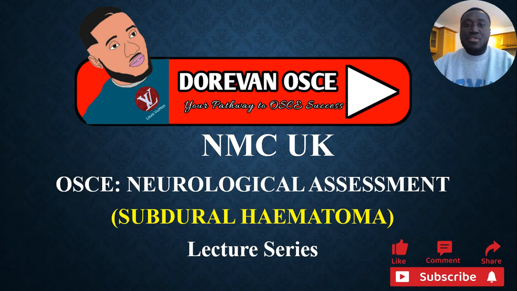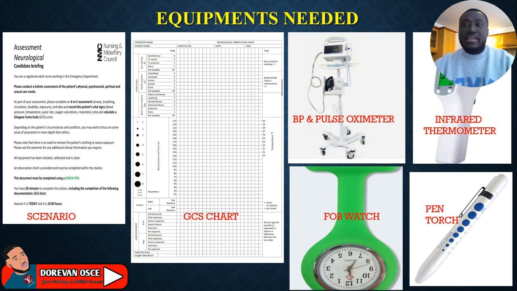All right. So in the station, these are the equipment that you are likely to meet. You need your scenario, which will be given to you, and then the GCS chart, which you'll be completing as part of this station. You need your blood pressure machine and then pulse oximeter.